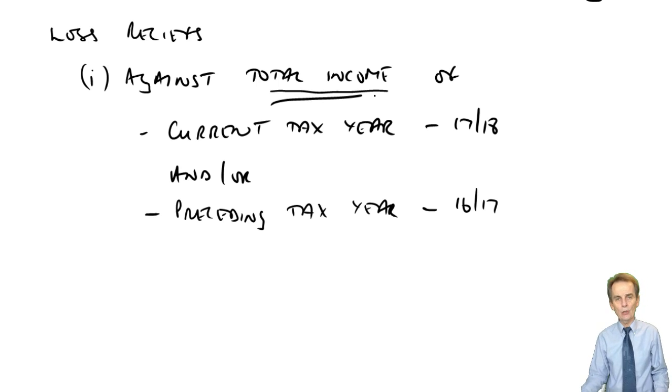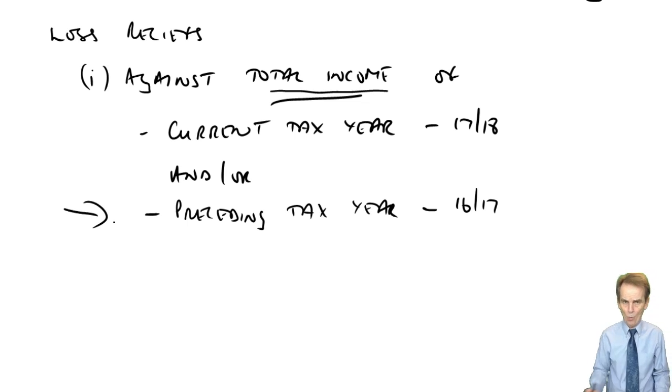But of course what these loss reliefs do, as compared to the carry forward, is to allow you a more immediate use of the loss. If you choose to go against the total income of the preceding tax year, as would probably be the most likely claim here, we'll talk about why in a moment, then by this point in time you will already have paid the tax for that preceding tax year.